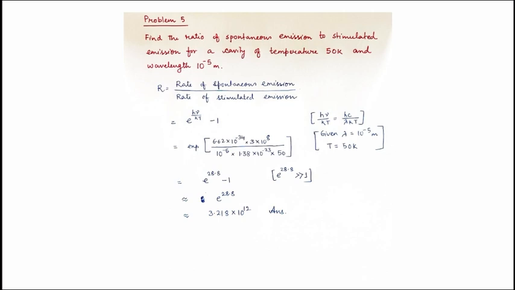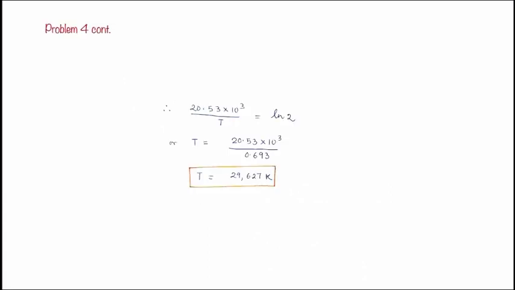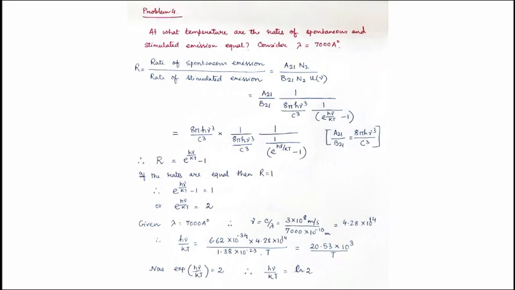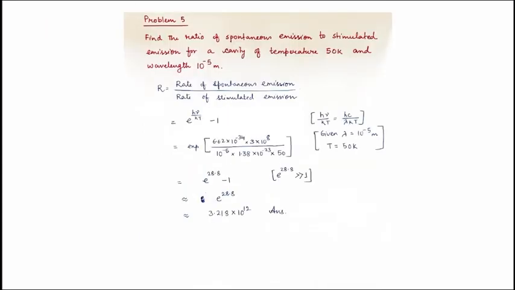The temperature is known here, that is 50 Kelvin. One thing we should always remember: in the previous problem we found the temperature in Kelvin, and in this problem also the temperature is given in Kelvin, 50 Kelvin.